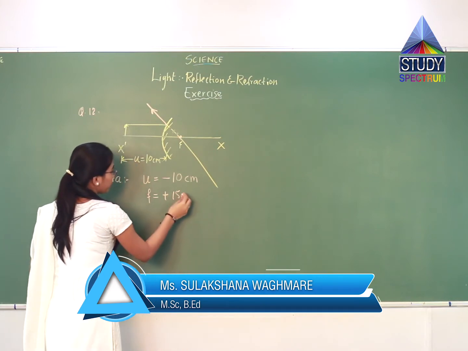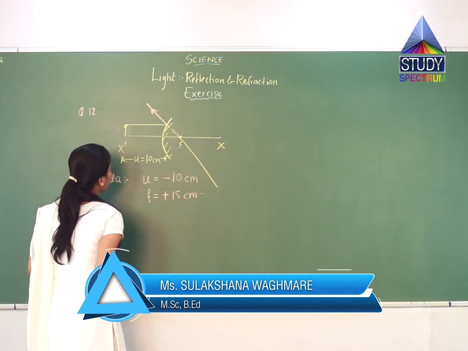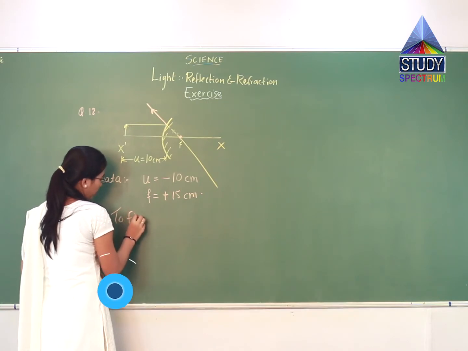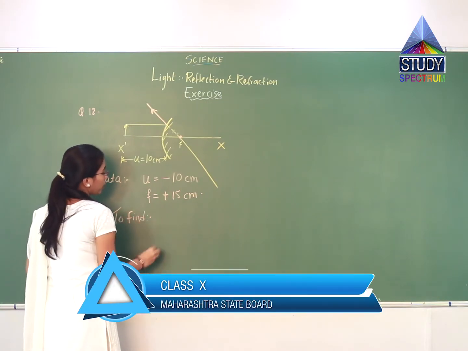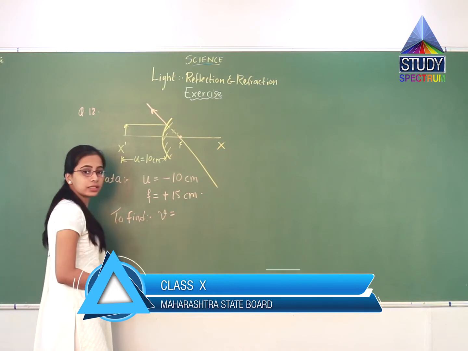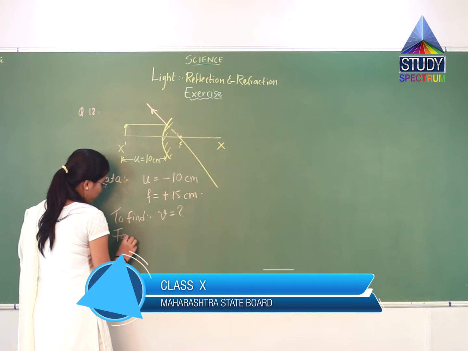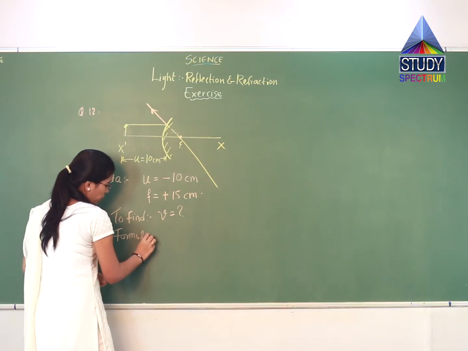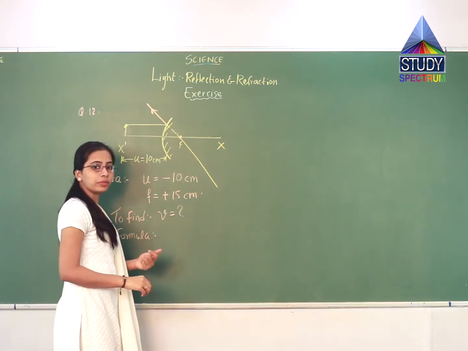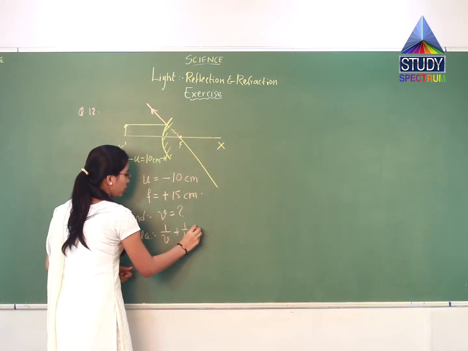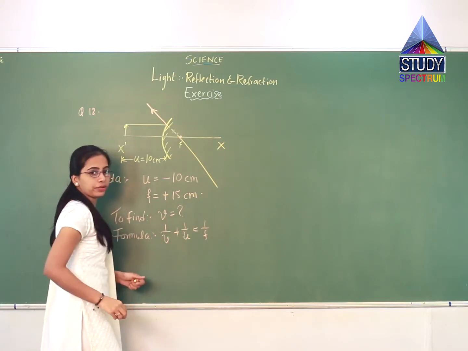So it will be plus 15 centimeter. Then we have to find distance of the image formed, and the formula that we will use will be again the mirror formula, 1 upon v plus 1 upon u is equal to 1 upon f.